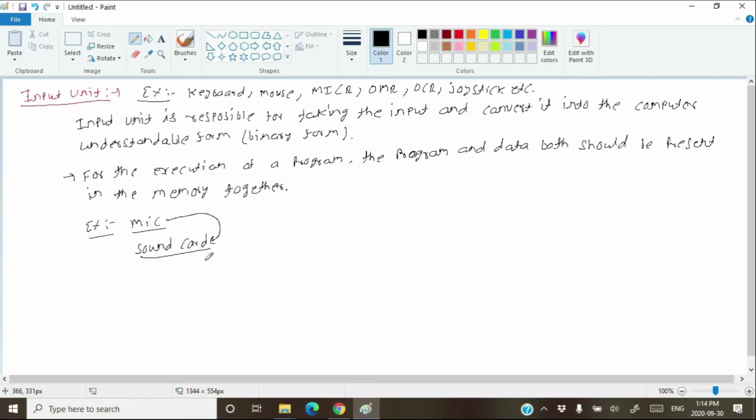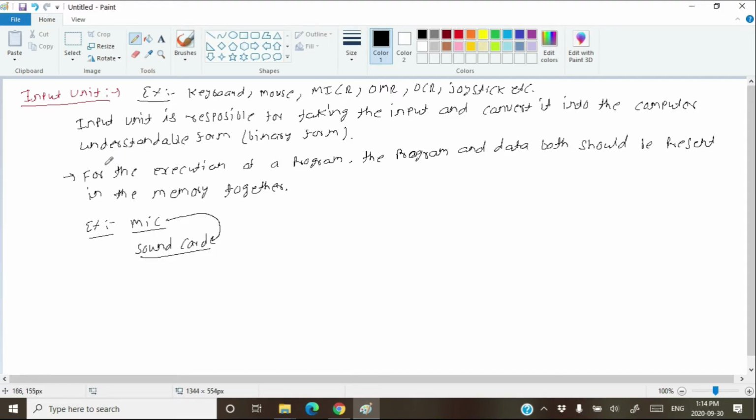We are not going into the detail of how the microphone works, but I just want to say that the mic converts the received sound into the computer's format. That is called digitized sound. Of course the sound also has to be converted into binary because the computer can only understand binary.